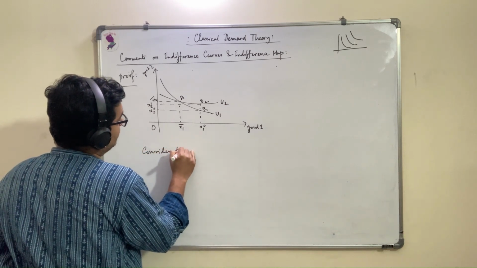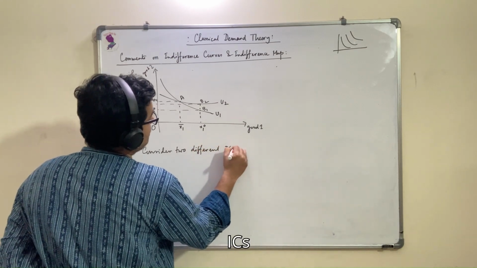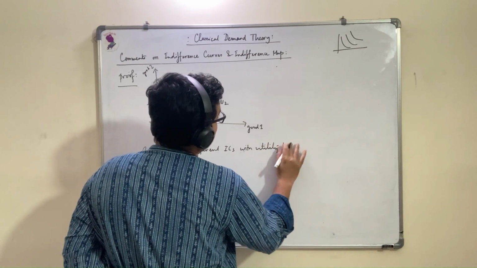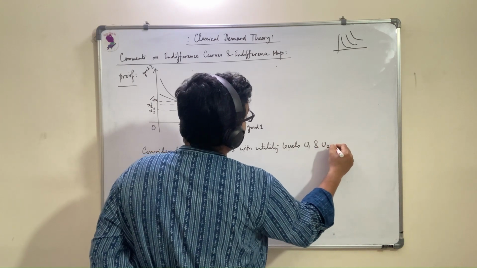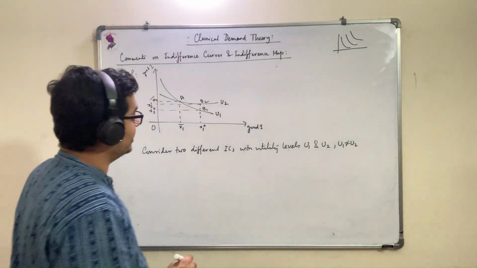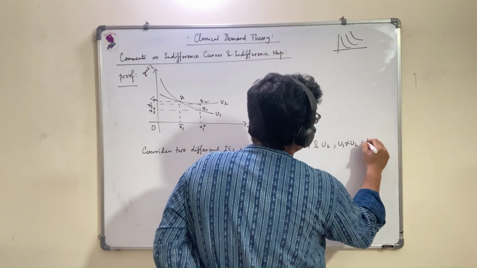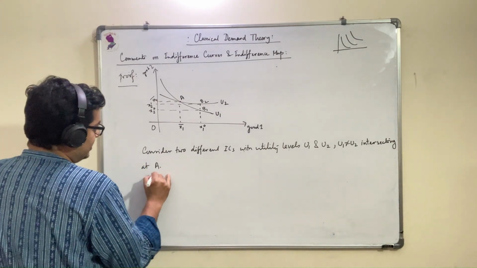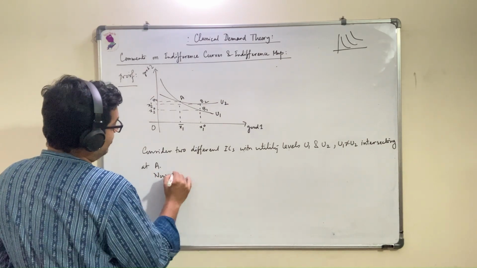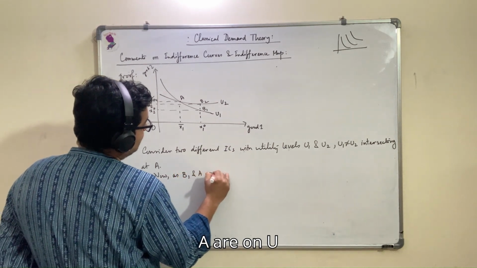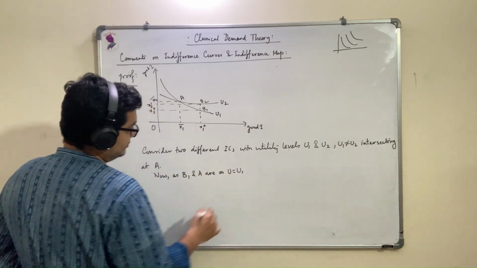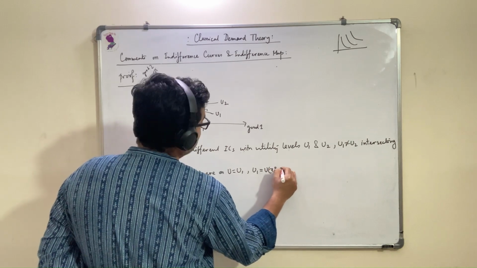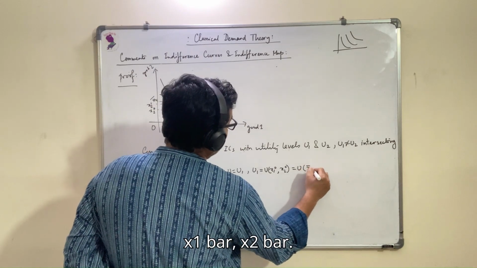So consider 2 different ICs with utility levels U1 and U2, U1 not equal to U2, intersecting at A. Now, as B1 and A are on U equal to U1, we can write that u1 equal to u of x1 naught, x2 naught equal to u of x1 bar, x2 bar.